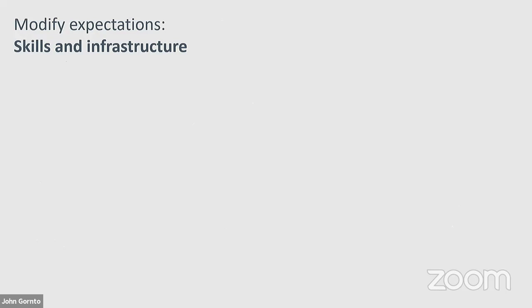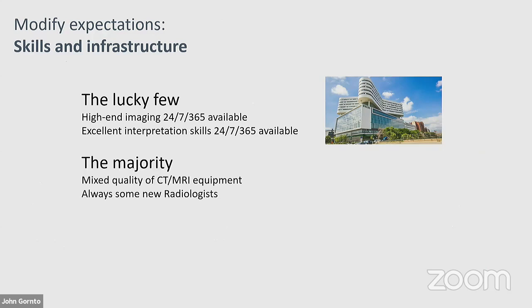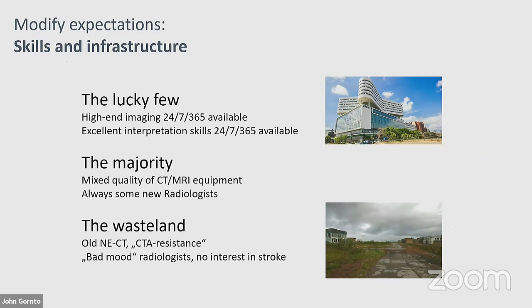So what modifies our expectations, the skills and infrastructure? Let's say if you belong to the lucky few, I think this is the center in Chicago from Demetrius, high-end imaging available all the time, super radiologists, and the majority is probably not exactly there. This is my hospital here in Hamburg, and we have old non-enhanced CT, radiologists have a bad mood all the time, are not interested in stroke, and I think that's difficult.